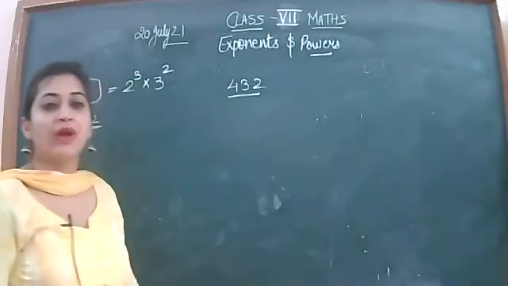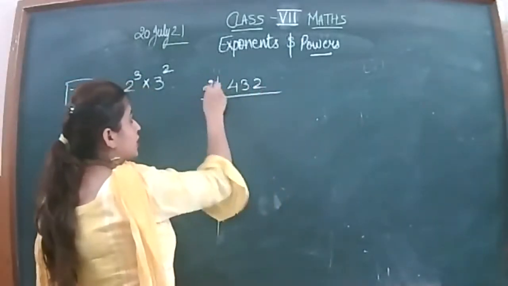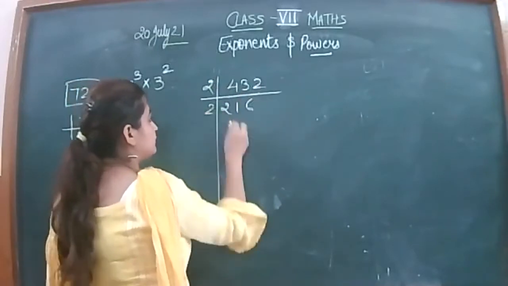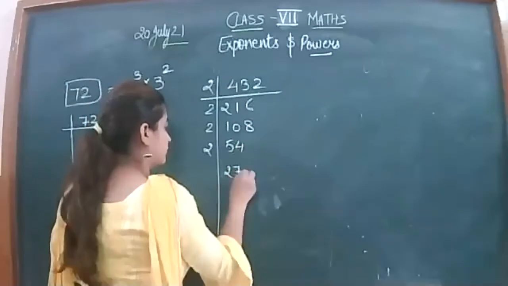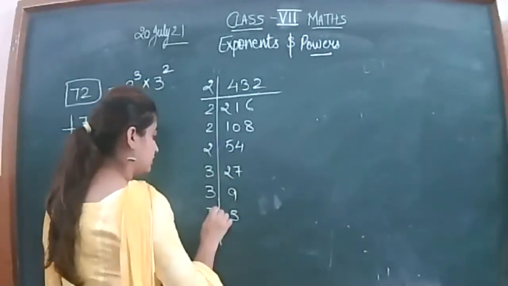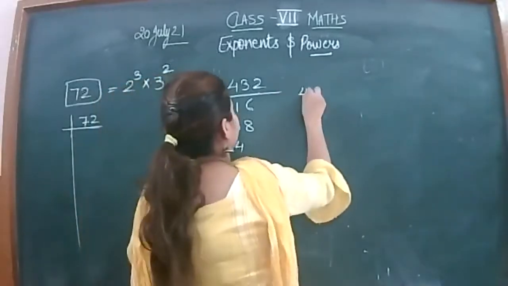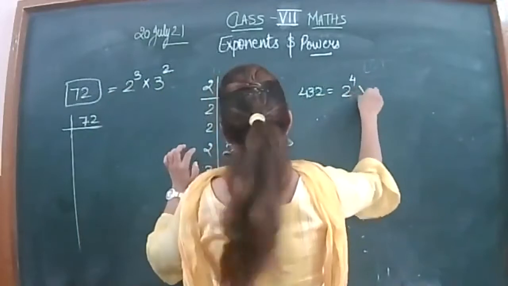Express 432 as a product of prime factors. Make its prime factors. 2 twos are 4, 3, 2 can be written as 1, 2, 3, 4.